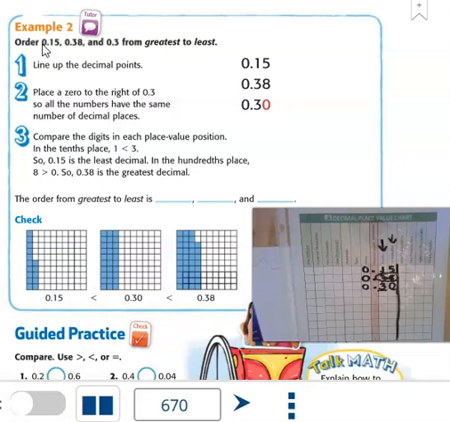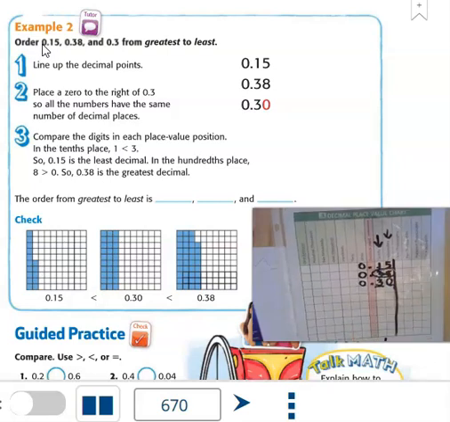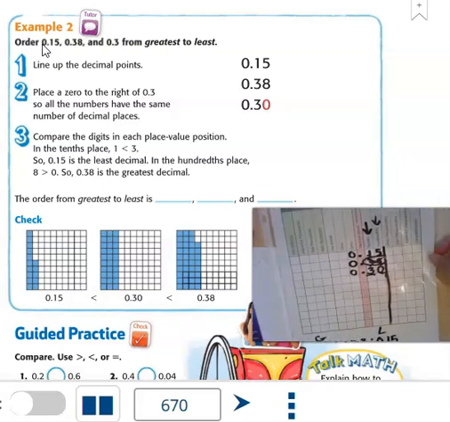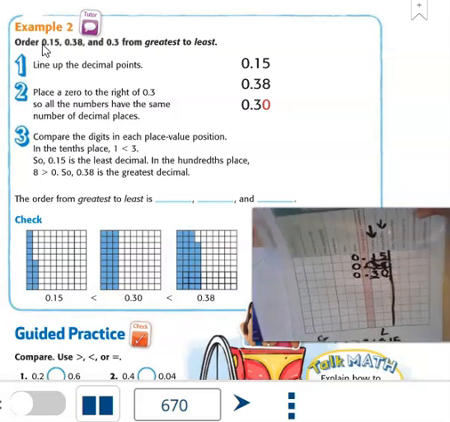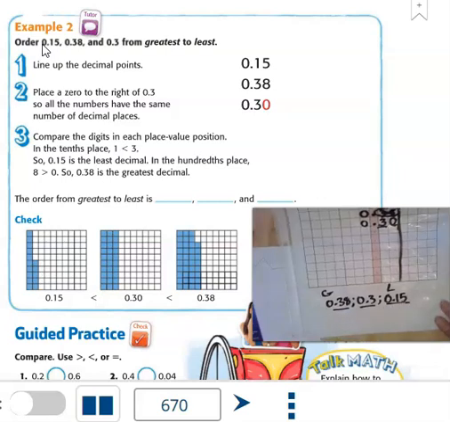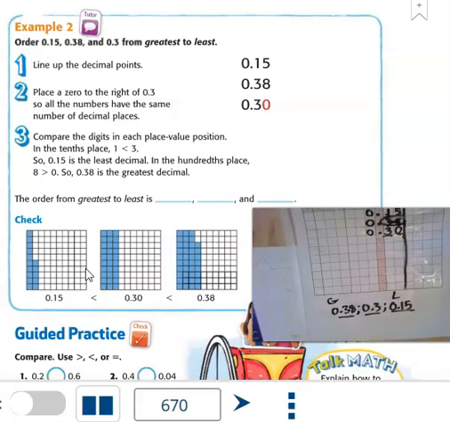And then my least is going to be the 15 hundredths, which I wrote too low for you to see. So 38 hundredths, 3/10, and 15 hundredths. So those are from greatest to least.